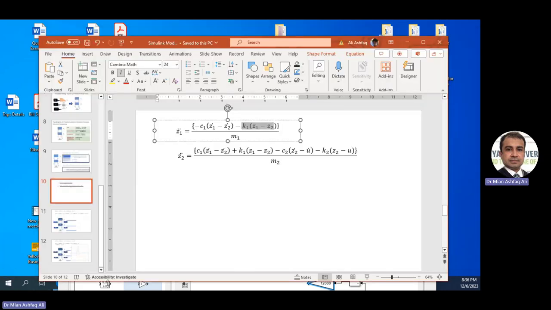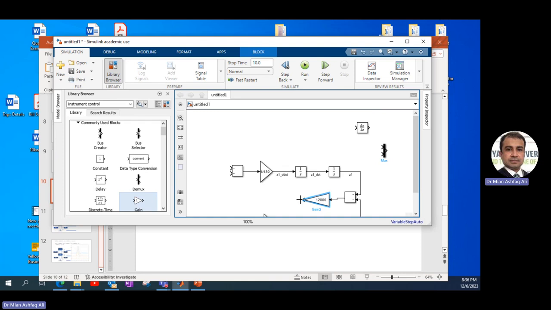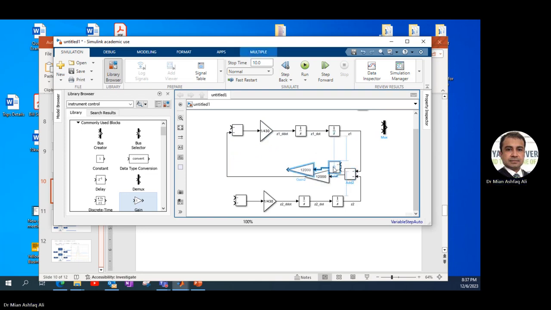So this is the force that I have made of different combinations of different signals, and then I can take this and connect it here. Similarly, I can copy this and place it here, and instead of Z1 and Z2, I can just connect this Z1 dot minus Z2 dot.